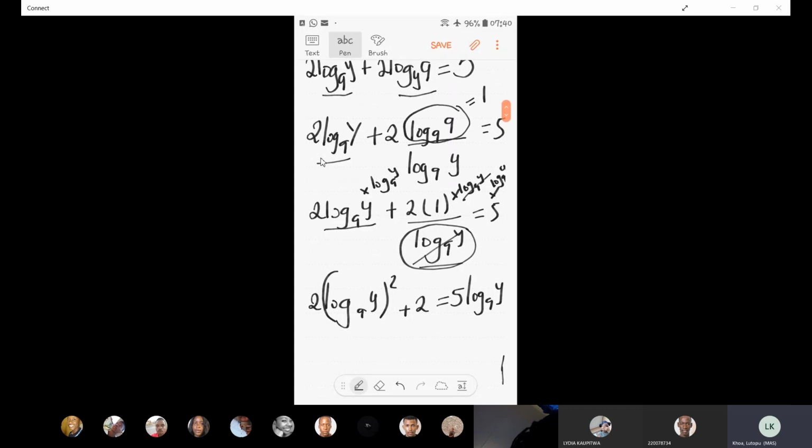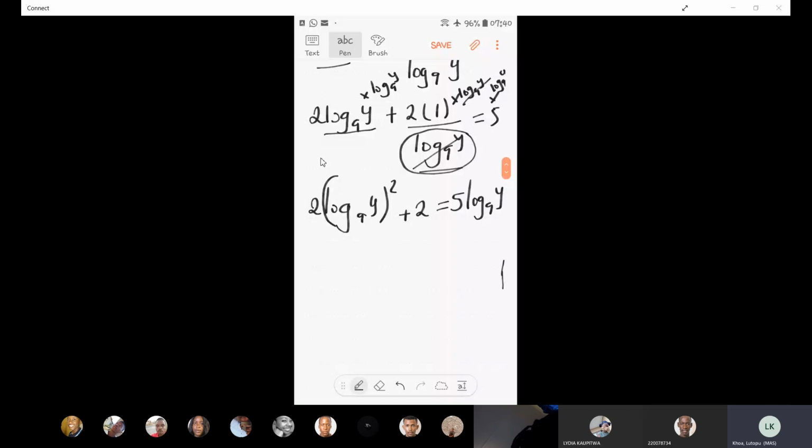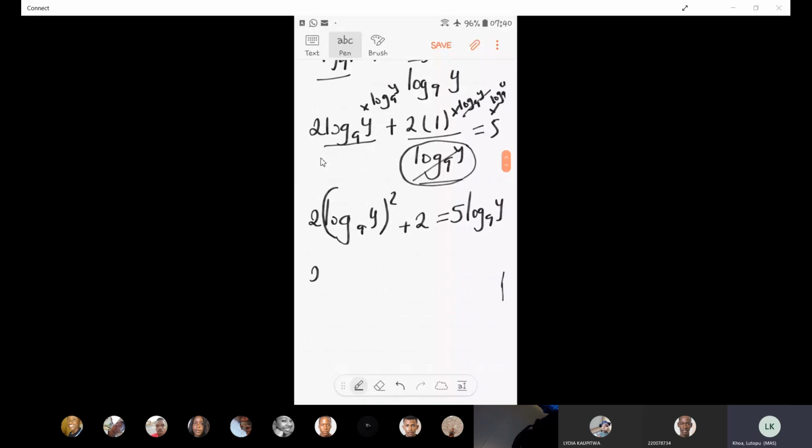So I have 2 log base 9 of y, squared, and then this 5, when I bring it to the other side, I have minus 5 log base 9 of y plus 2. This is equal to 0.